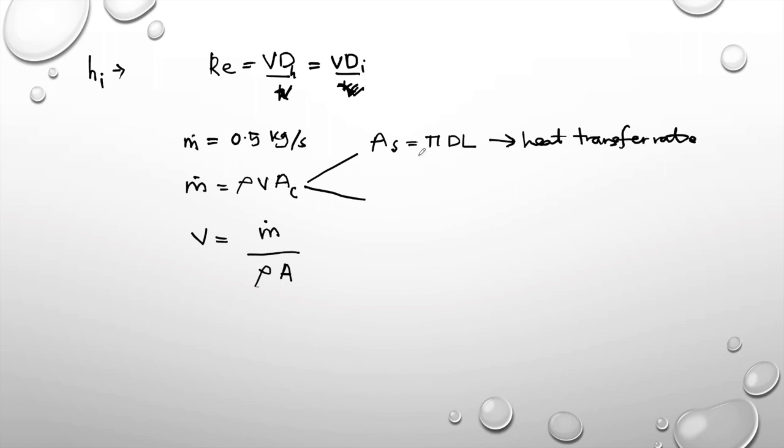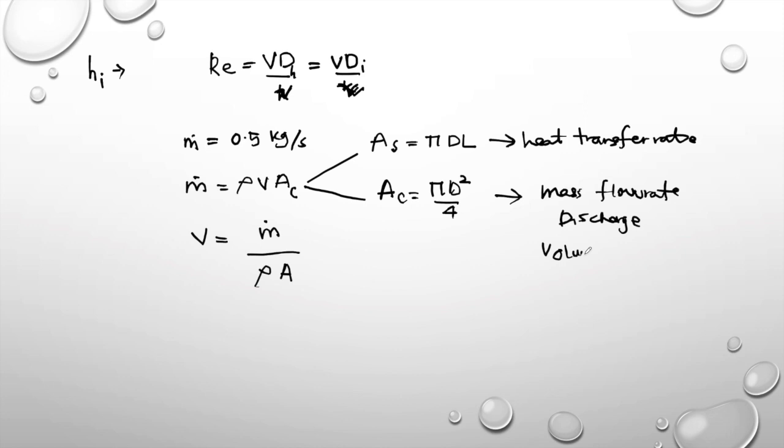Whereas for the cross-sectional area, it is pi D squared over 4. This is normally for mass flow rate or discharge or volumetric flow rate. Discharge and volumetric flow rate are the same.